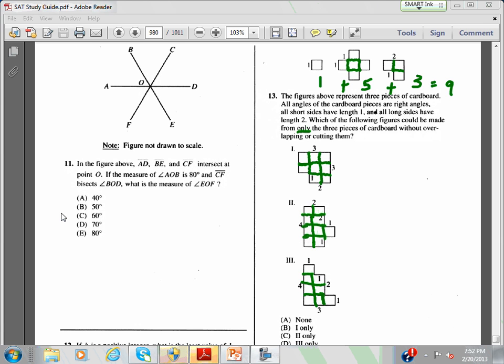Okay, so then we're looking to see if these shapes could be made up of the shapes that we've been given here. So let's check out the first shape. So I would try to plug in this second shape first because it's going to be the hardest to accommodate. And we can see that the only place that shape could go in this particular drawing is right here because that's the only space for it.